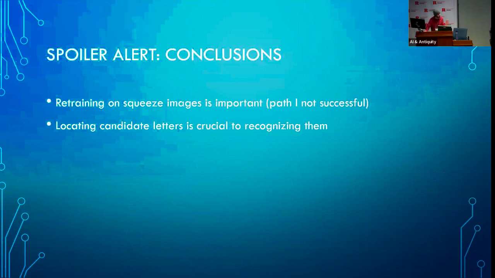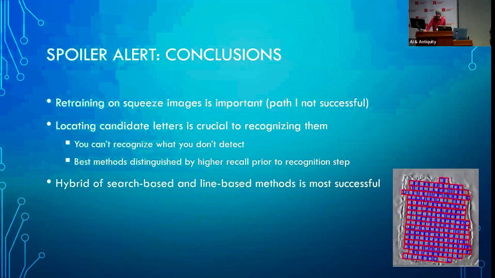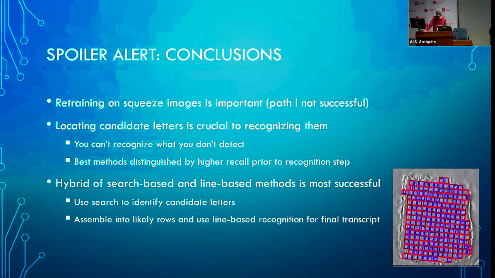Finding the letters is super important, it turns out, to recognizing what they are. Right? So the best methods tend to be distinguished by having better recall prior to when you're recognizing them. And the most effective ended up being these hybrids where you use scene text to detect, and then you use sequential approaches to recognize the images themselves, right?